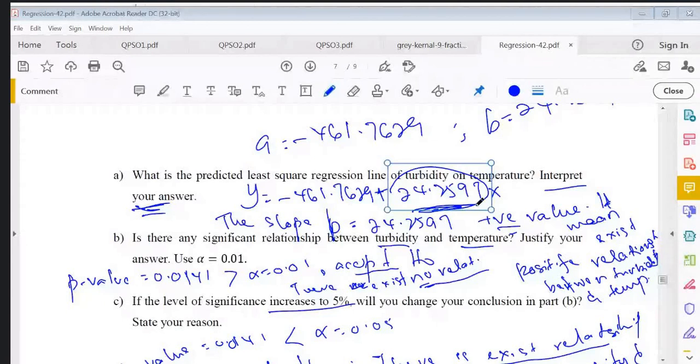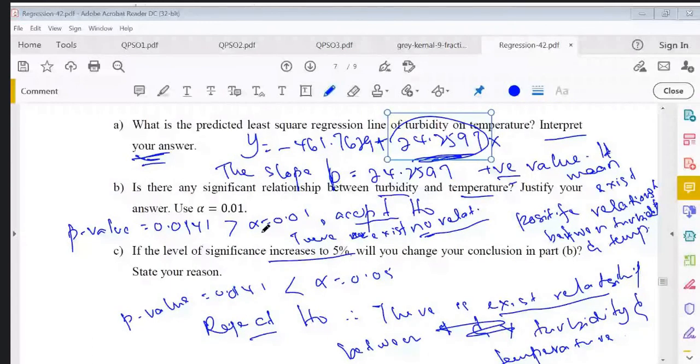Okay, any question? Doctor, for the alpha for B and C, no need to divide by 2? It is okay. It is possible. If you divide by 2, the answer is still the same for this one. I think it is better you divide by 2.